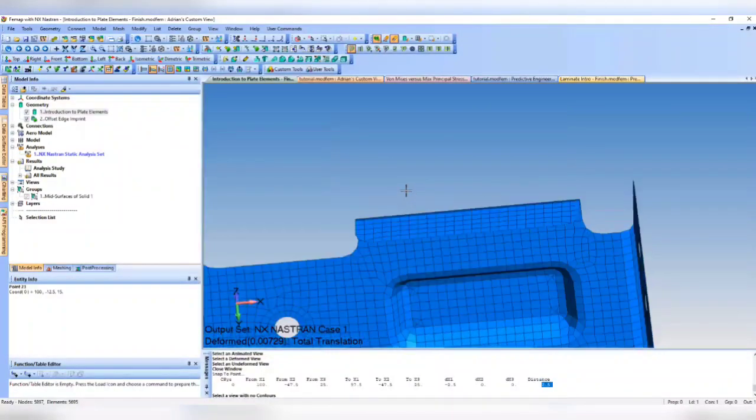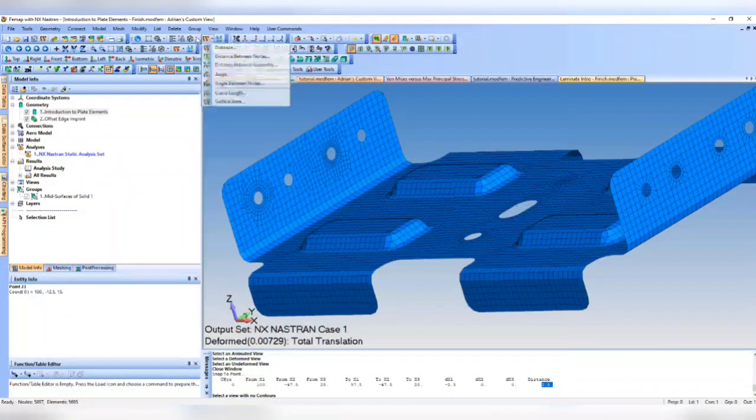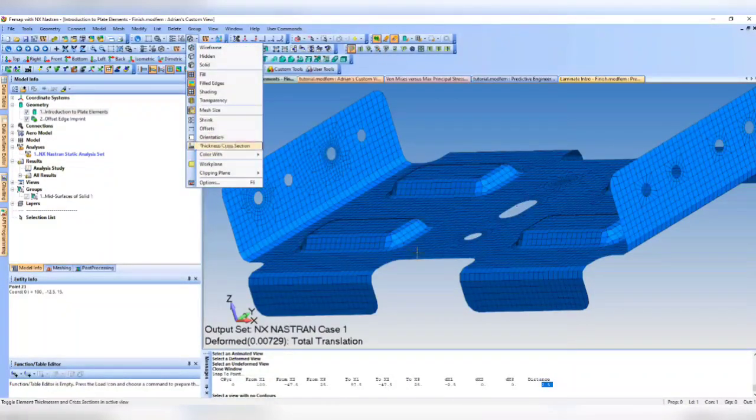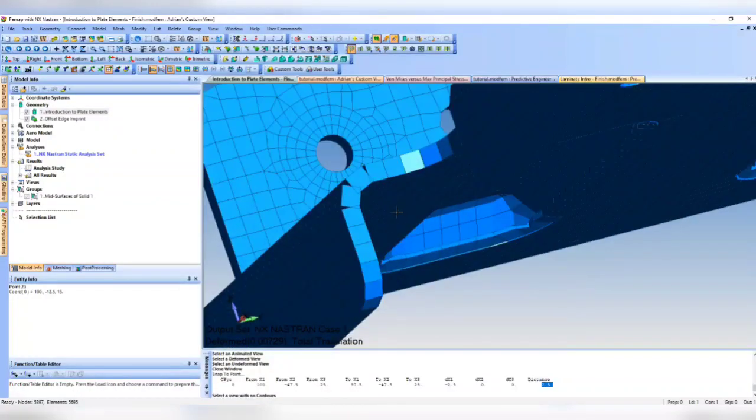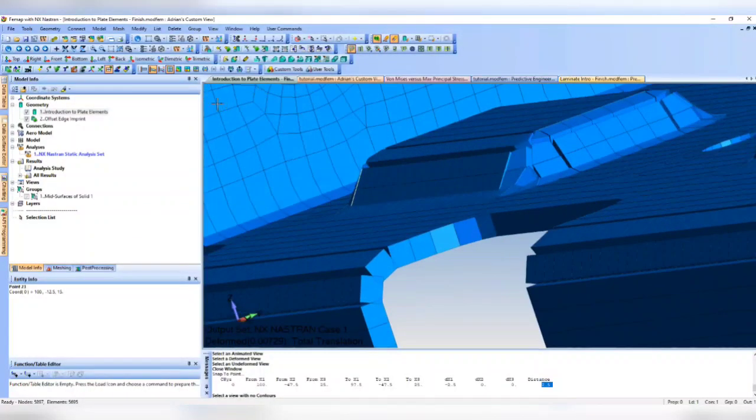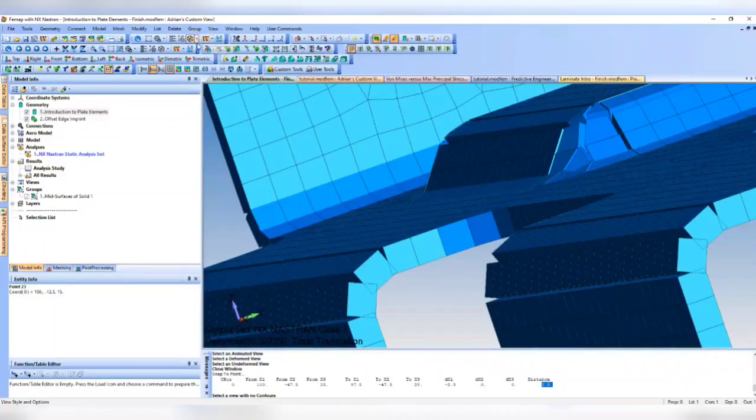And like I said, we have a thickness associated with them, and I can turn that on, and you can see that in reality, there is a thickness within your model.